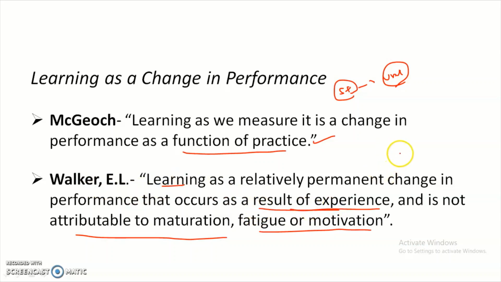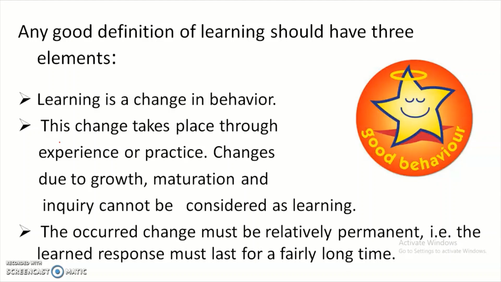Because if you made some mistake, from that mistake we will learn something, and whatever we learn from that mistake will not make you repeat it. If you are not repeating the previous mistake, it's nothing but a permanent change in your performance or in your behavior, right? So that is how, as per the experts' view, learning can be defined.